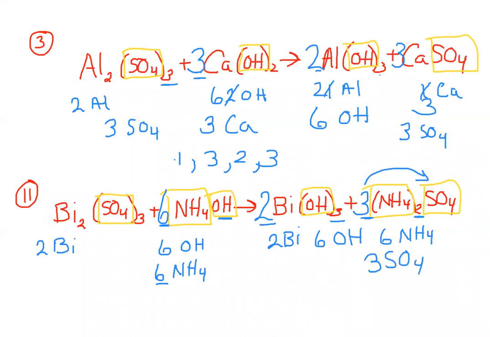Over here on this side, we already had 3 SO4s, so that's good. Let's go through and make sure we got it all. 2 Bi, 2 Bi. 3 SO4, 3 SO4, 6 NH4, 6 NH4, 6 OH, 6 OH. Everything is balanced, and our coefficients are 1, 6, 2, 3 for number 11.